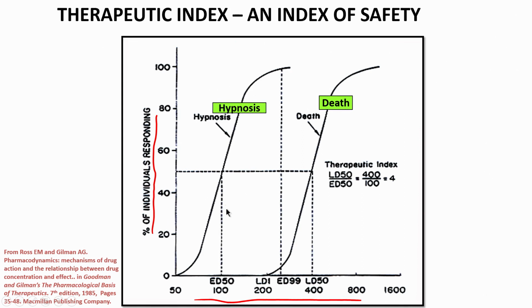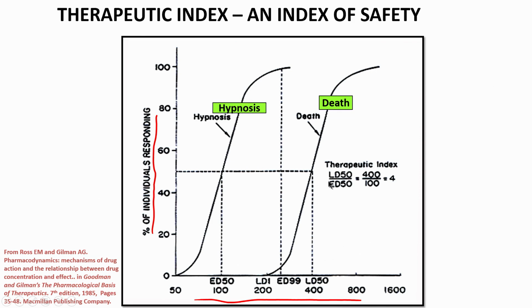But then at a certain high concentration, in this case just some random values, as the concentration of the drug increases further, it may eventually cause even death in people. So, in this case the lethal dose 50 is right here, because 50% of the patients are dying at a concentration of about 400.